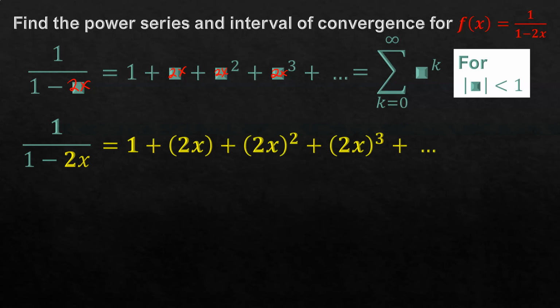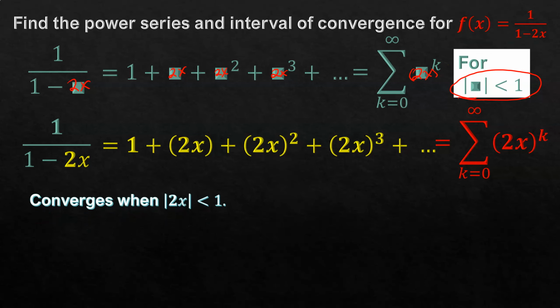So then we would see this as our series, and we will write that as the series of 2x to the kth power. Now again, the series converges when the absolute value of blank is less than 1. And the blank we said is 2x. So in order for this series to converge, the absolute value of 2x would have to be less than 1.